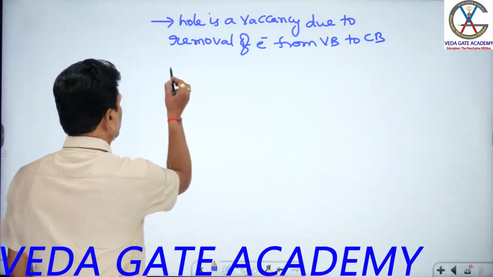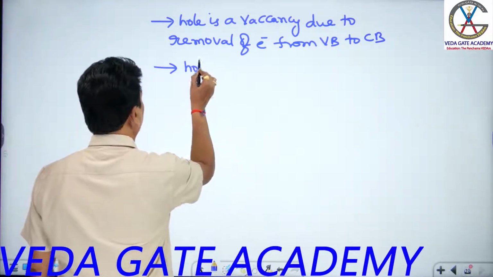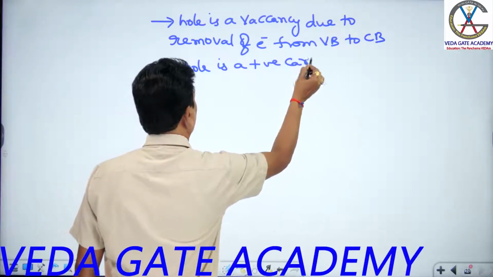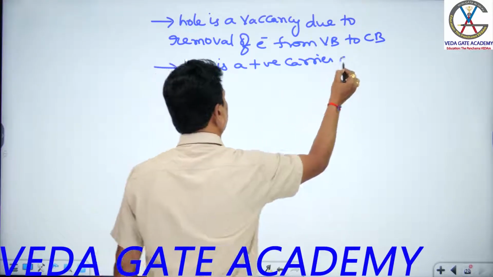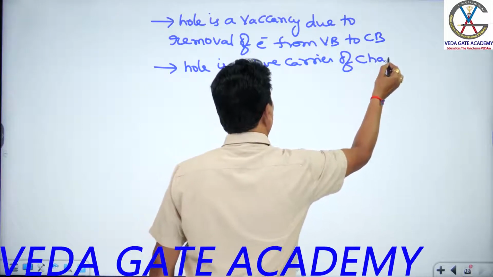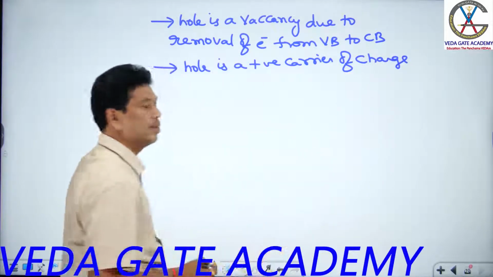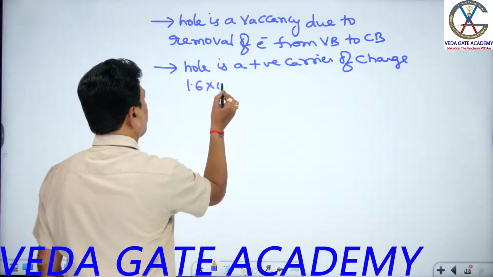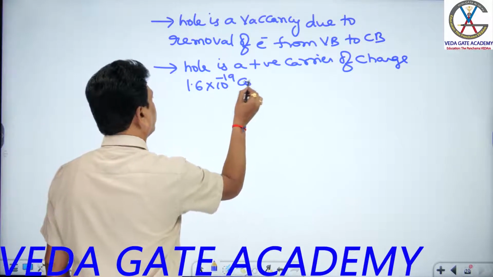Right? Hole is what, sir? Positive carrier or negative carrier? A hole is a positive carrier of charge 1.6 times 10 power minus 19 coulombs.